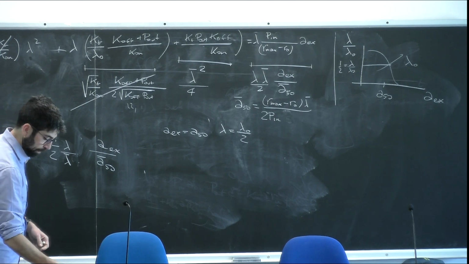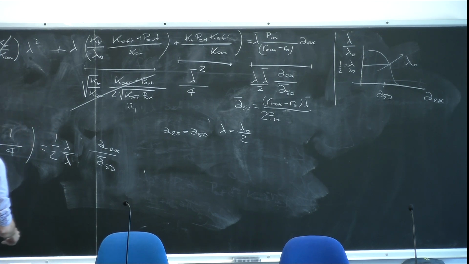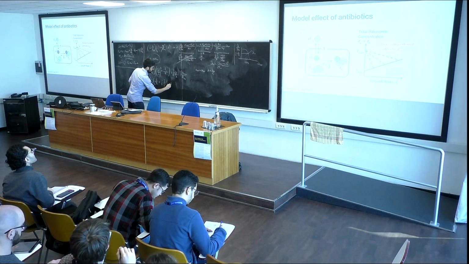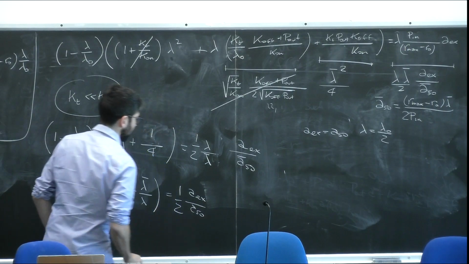Okay. So now if I take this expression here, I can divide by this term here. And here I get 1 over lambda, I have 1 minus lambda over lambda naught, lambda over lambda bar, plus 1 over 4 lambda bar over lambda equal to 1/2 AX over A50.